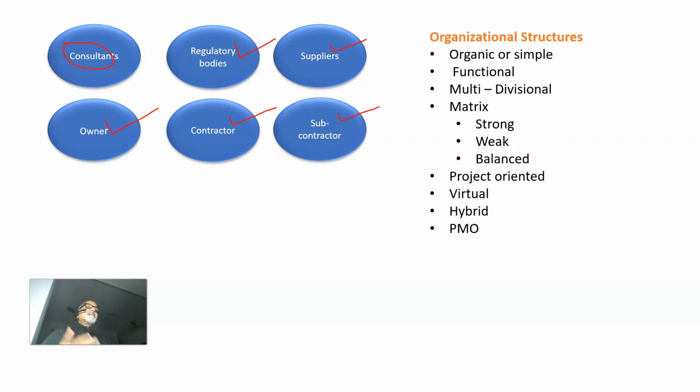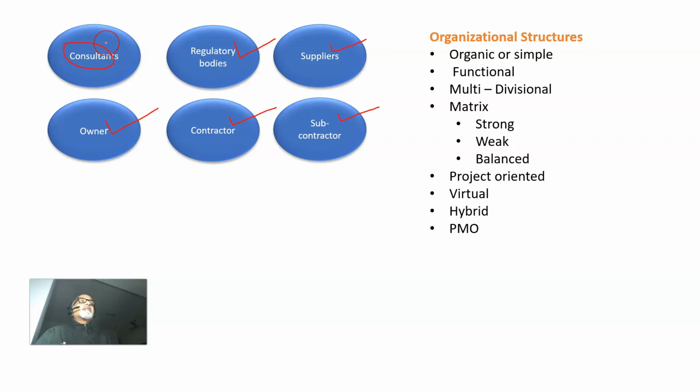This is a sample list of stakeholders within a project, and each one of them may have their own unique type of organization structure.